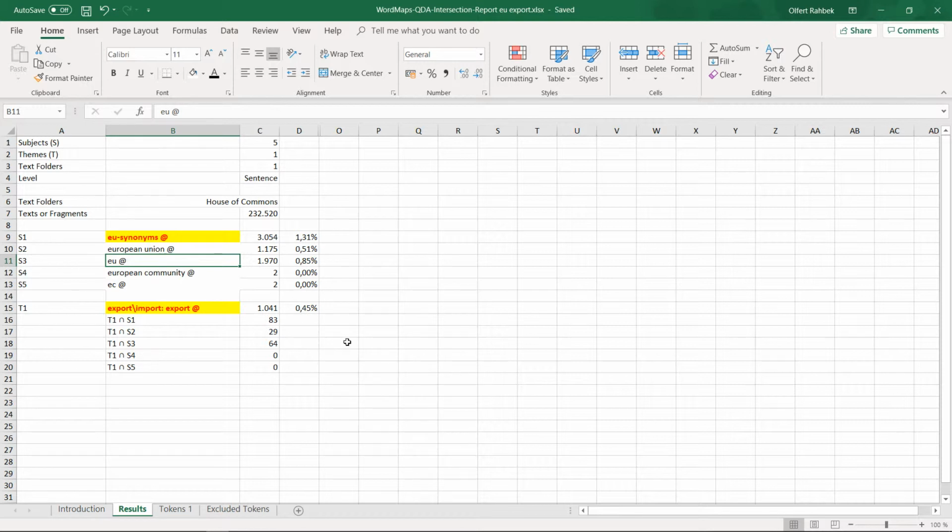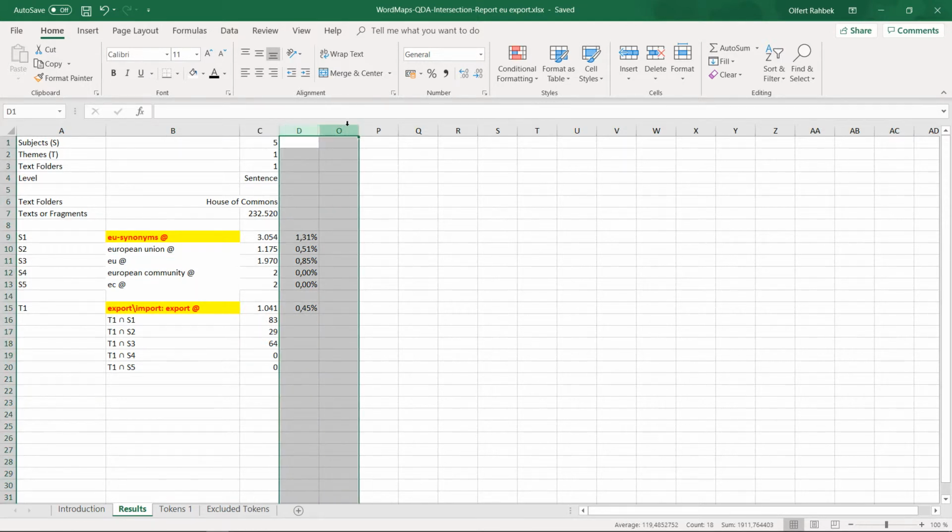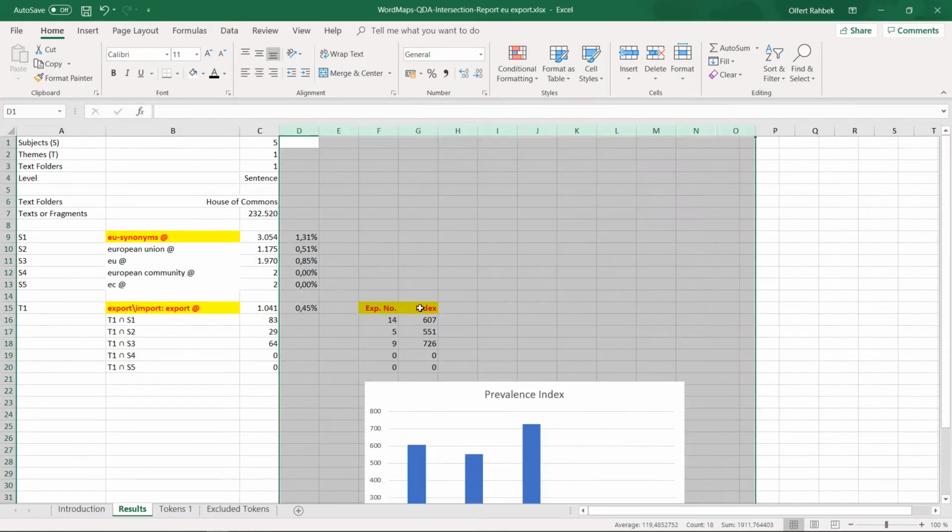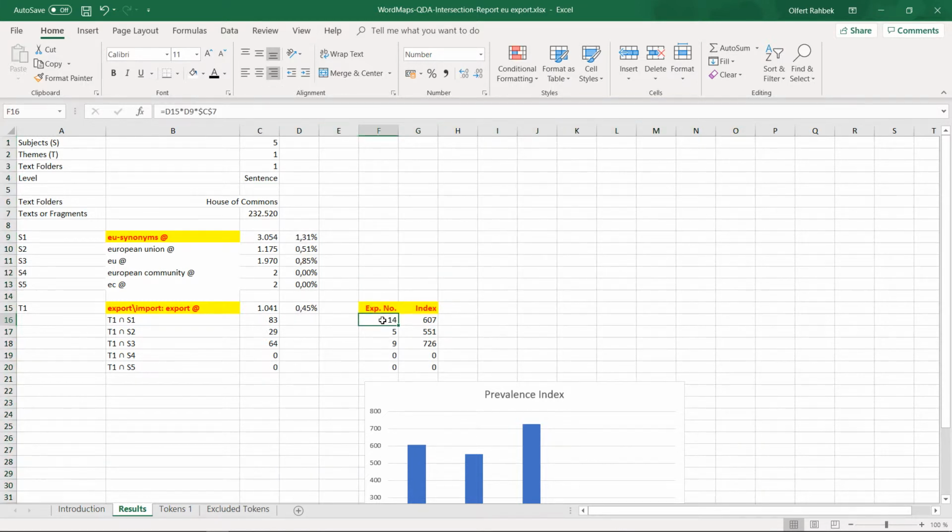What we don't know just yet is whether this is more than we would have expected. So let's add a little bit of extra information here. So I'll show some calculations I made. Now if I take the average occurrence of EU being present in 1.31% of all the sentences, and multiply that with the presence of the topic export, I arrive at a number 14.